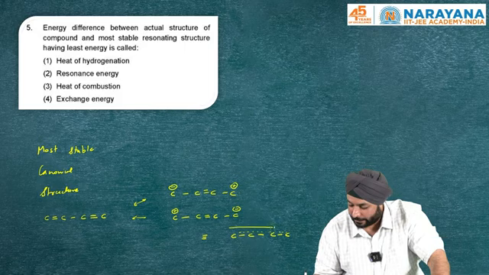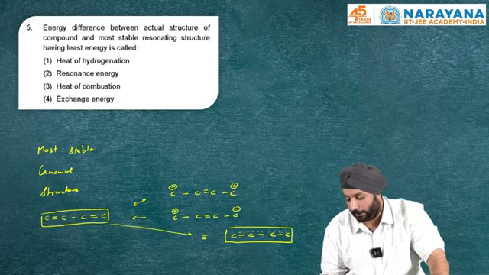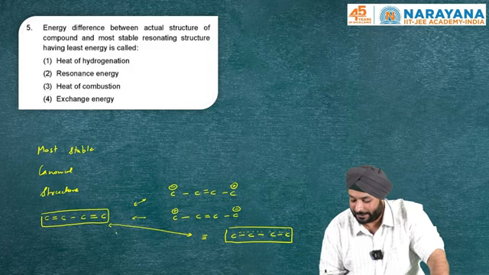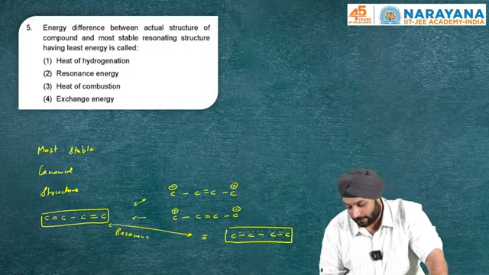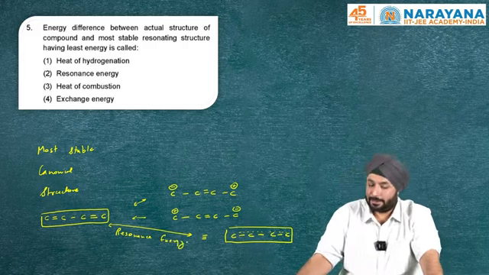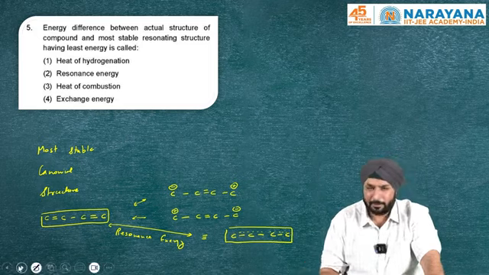This is the hybrid structure. This is the most stable canonical structure. The energy difference between these two structures is known as resonance energy. Hope you understood that, right? It's a very straightforward question from thermodynamics.